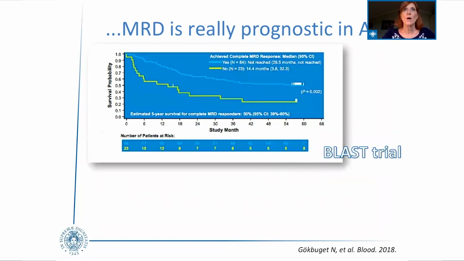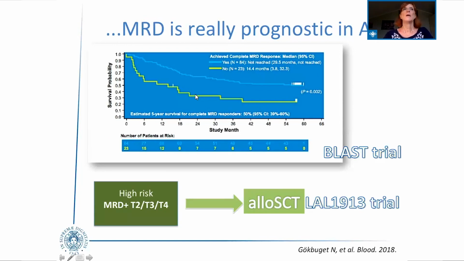About ALL, we know that MRD leads all therapeutic strategies in the pediatric setting, but MRD is now a reality also for adults with ALL. You can see here the new frontier of the treatment of adult ALL patients: blinatumomab, the bispecific monoclonal antibody, and you can see that the prognosis of MRD negative patients is really better than that of MRD positive cases.